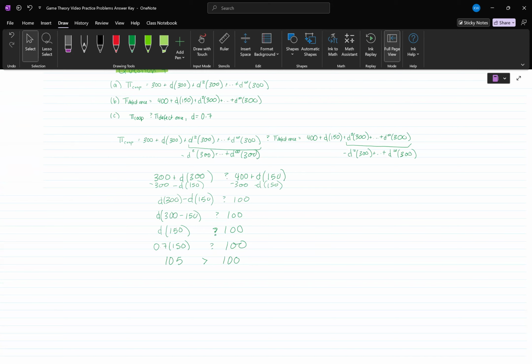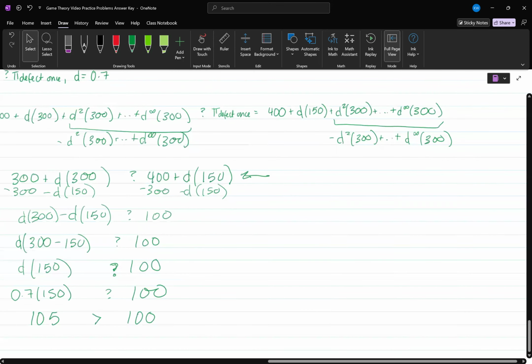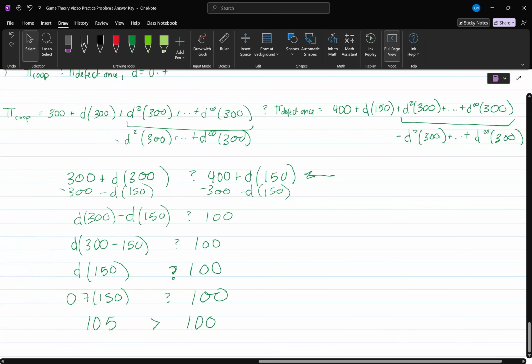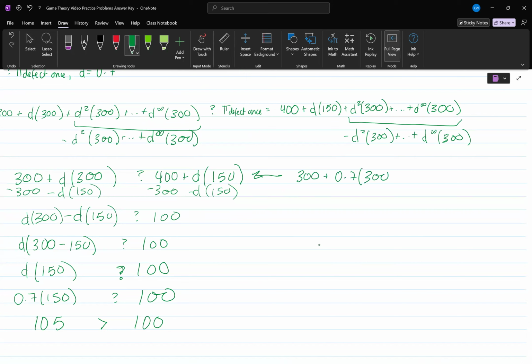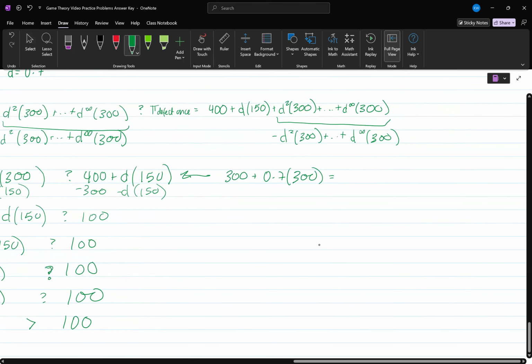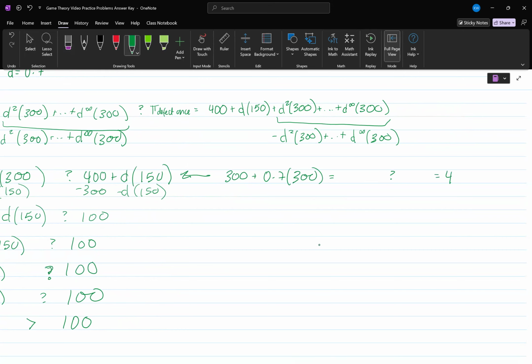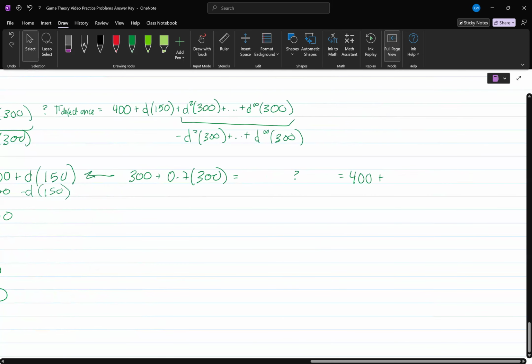Cool. Another way we could do this is just substitute for that discount rate at this stage, once we've eliminated the parts of the infinite series that are the same. So we would have instead 300 plus 0.7, our given discount rate, times 300. And we'd want to know how that value compares to 400 plus 0.7 times 150.